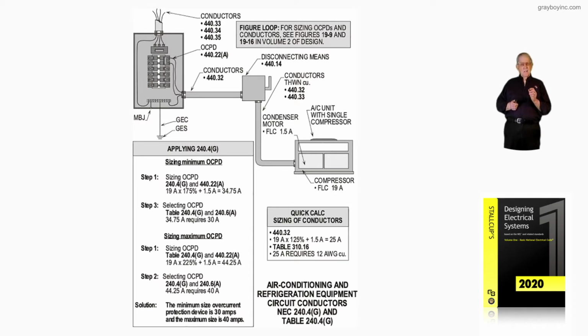And notice in step 1 now, with the boxed in information, applying 240.4(G) and Table 240.4(G), step 1, the minimum size overcurrent device, just to start the device sizing, would be 175% of 19 plus 100% of 1.5.